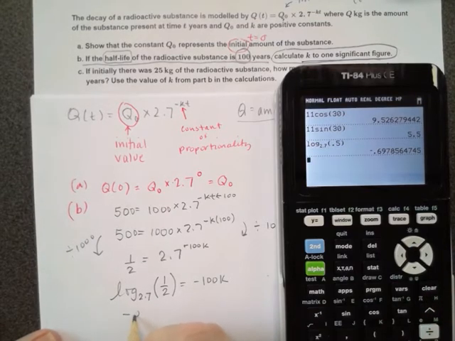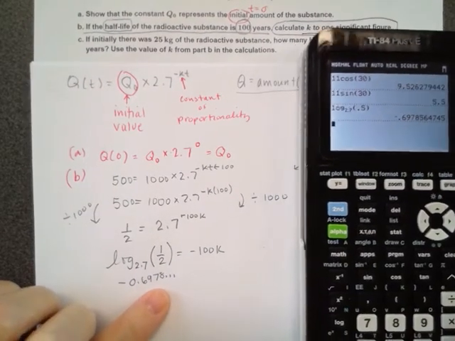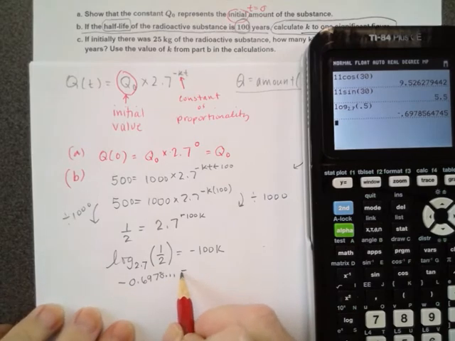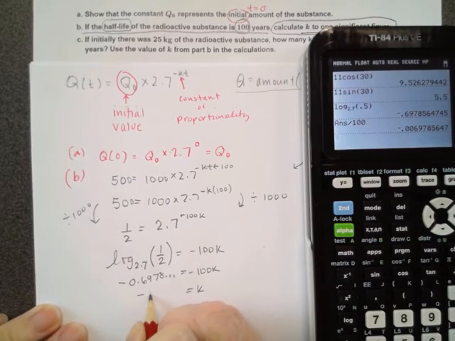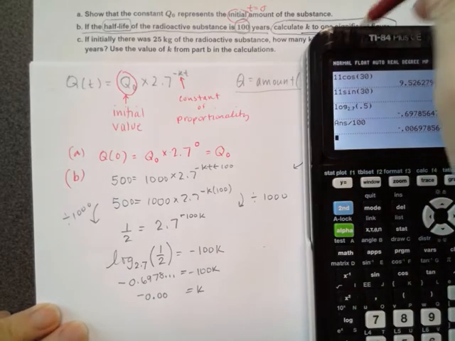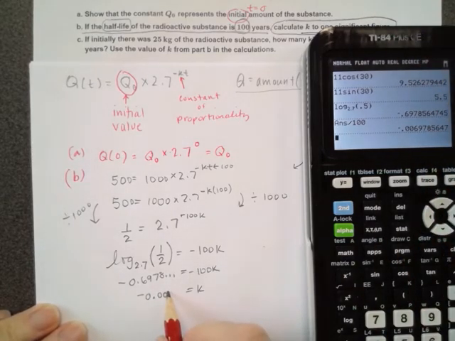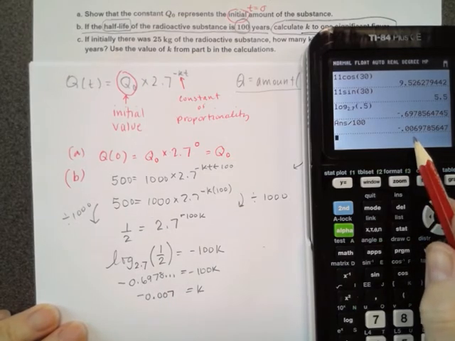I get negative 0.6978, and I put dot, dot, dot, which shows the person marking this that I am using my calculator value. Negative 100k equals that, so k equals that divided by 100. I get negative 0.00, and to one significant figure, 7. So it's 0.007.